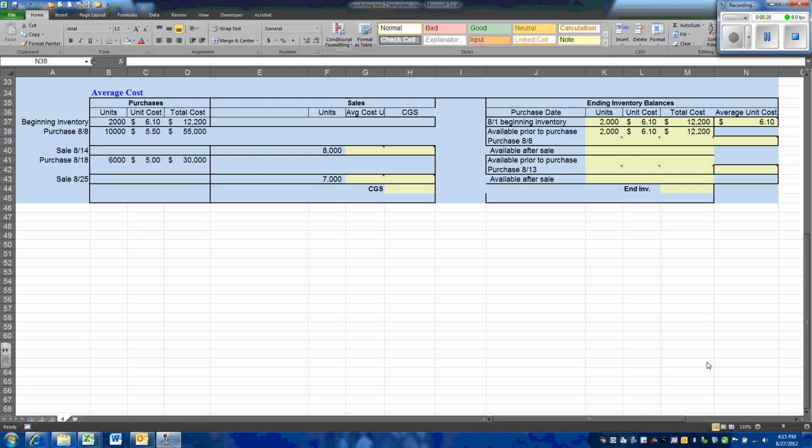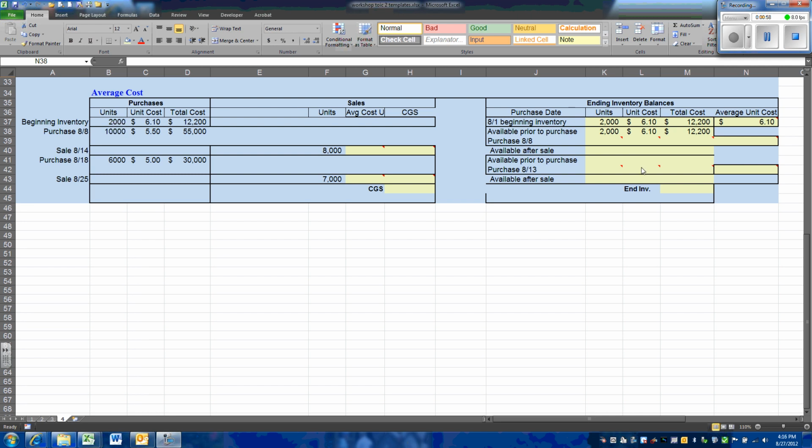For this example, our worksheet's going to look a little different because under the average cost method, we are going to be determining not just the inventory levels, but the average unit cost after each purchase of inventory. We'll then use that average unit cost in determining the cost of goods sold and placing a value on our ending inventory after the sale.